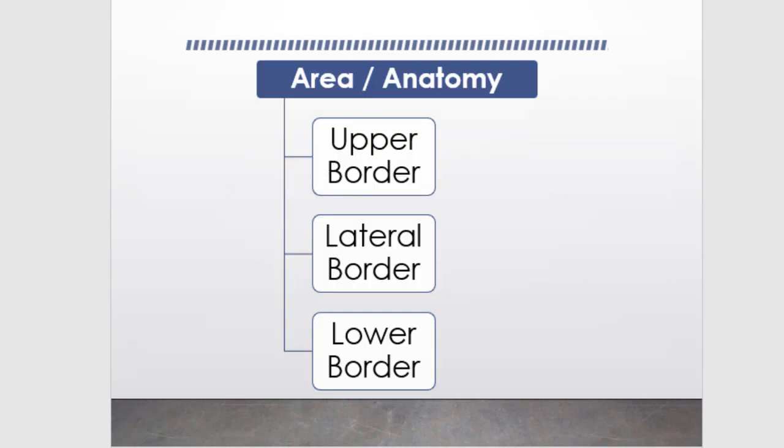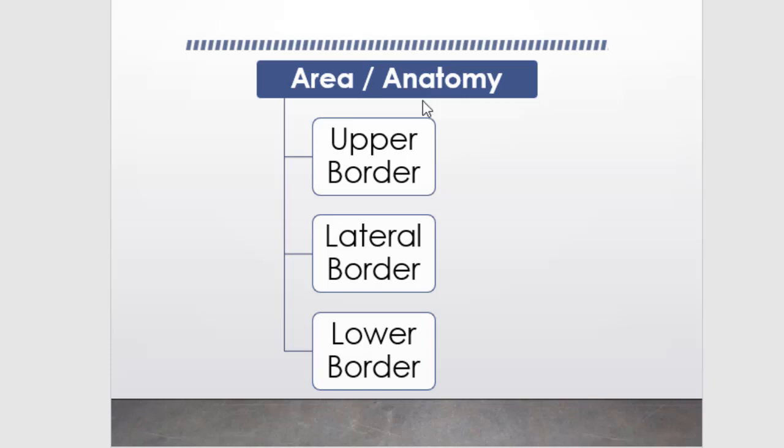Okay, next in line after P for positioning is A. A stands for area or anatomy. In the past the term used was anatomy. Now we use area to simplify it, because when you talk about anatomy, you need to explain all the anatomy that you should see in a certain position.